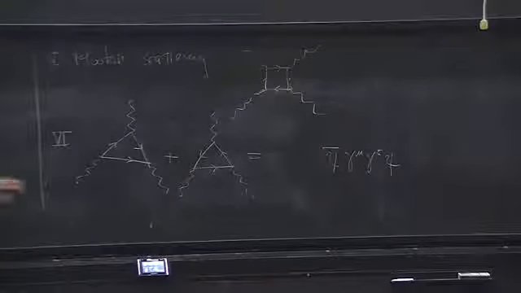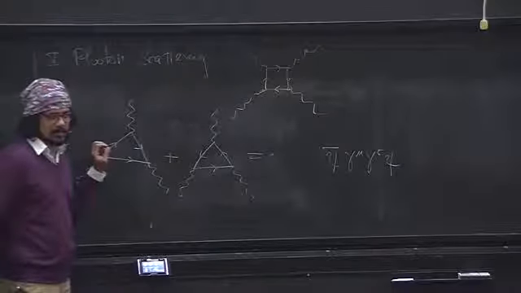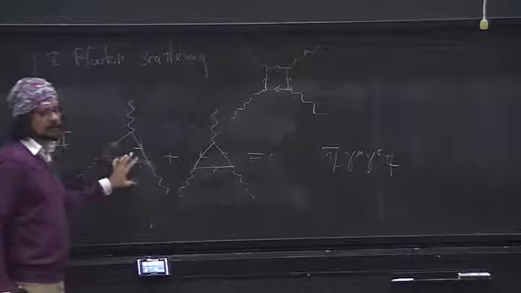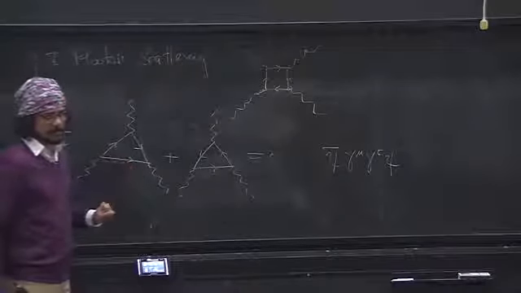And so basically, gamma 5 enters this computation, and one of these diagrams leads to the chiral anomaly in that case. Okay.